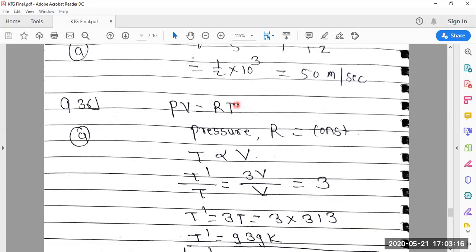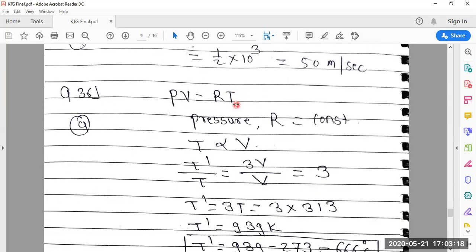Next one, question number 36. In order to increase the volume of the gas to 3 times at constant pressure at 40 degrees Celsius, the final temperature should be?